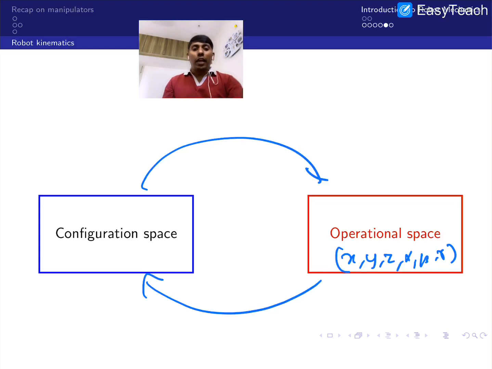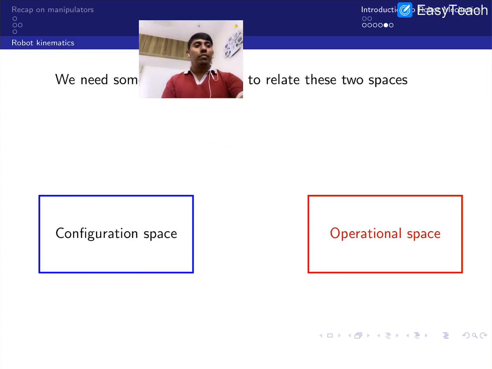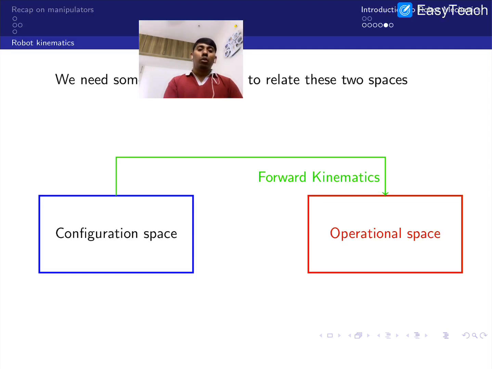So I know the configuration space variables and I am trying to see what the operational space variables are. This is straightforward, and that is why it is called forward kinematics. We know the configuration space variables and we are trying to find the operational space variables. That is what we call forward kinematics.